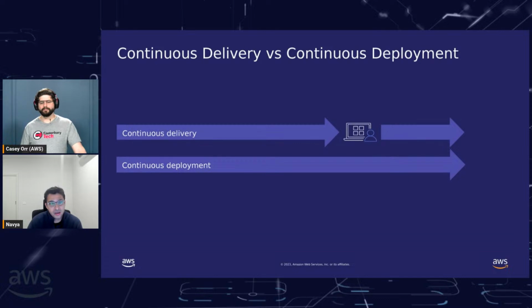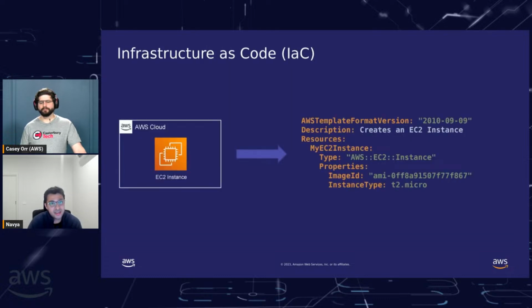Awesome. All right. So moving on to the next bit, which is another topic that we should discuss before talking about GitOps, that is infrastructure as code. So what is IaC? It's basically writing code to create, configure, and deploy infrastructure components.